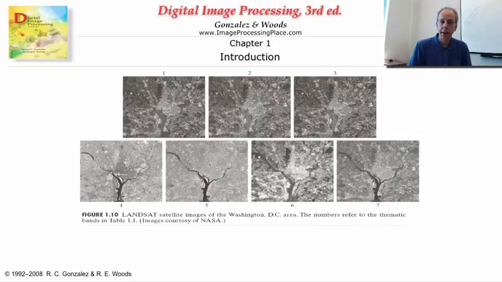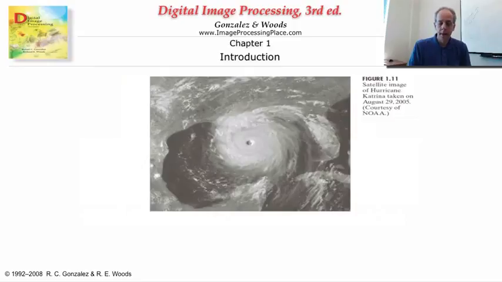These are satellite images, a modality called Landsat that takes images in different spectral bands, and these are very important for numerous applications as well. Here is another satellite image. Same type of technology, not exactly the same technology, but the same type of technology for a very different application.